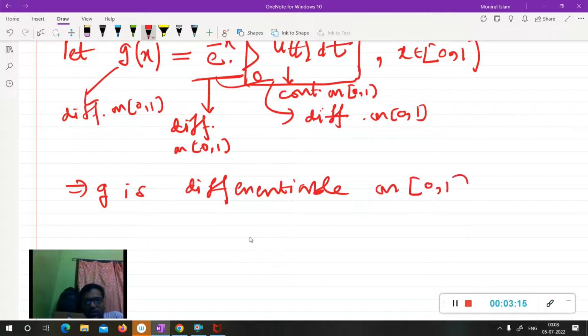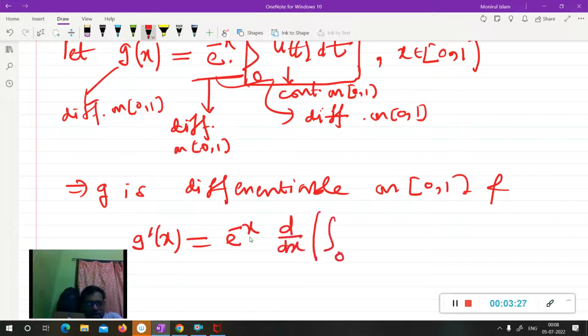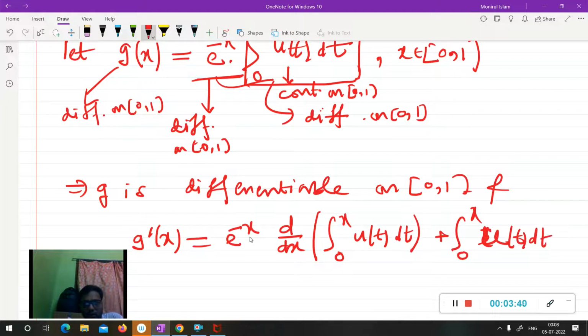Now what is the derivative of this function? If we compute g'(x), the derivative will be e to the minus x times d/dx of the integral from 0 to x of u(t) dt, plus the integral from 0 to x of u(t) dt times the derivative of e to the minus x with respect to x, which is minus e to the minus x.